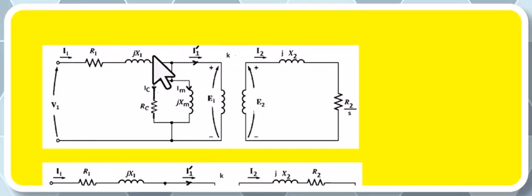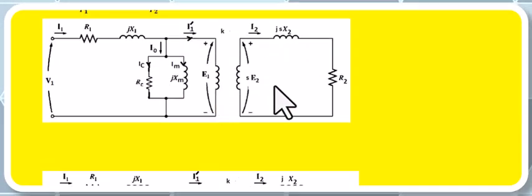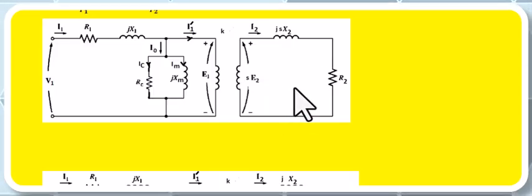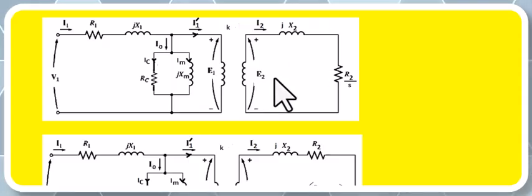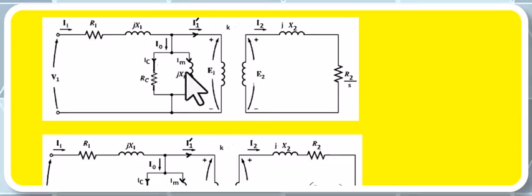Then this is the equivalent circuit of the induction motor per phase. Here is S, here also S. So in the rotor circuit, divide all the elements by S, so that the next circuit will come like this. This is E2, this is jX2, this is R2 by S. The rest of the circuit to the left, that is the stator circuit, remains the same.